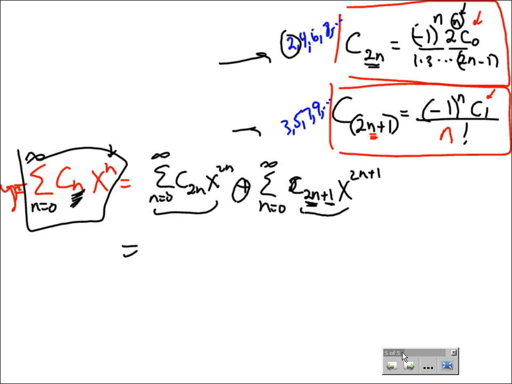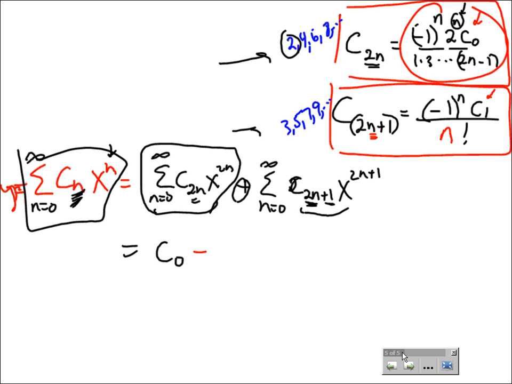We're just going to do these. So when n is 0, you get c0 times x to the 0, which is just c0. And then when n is 1, we use this rule up here.